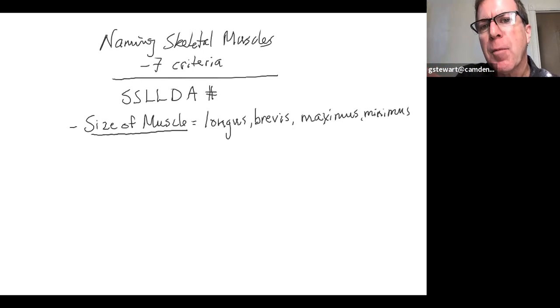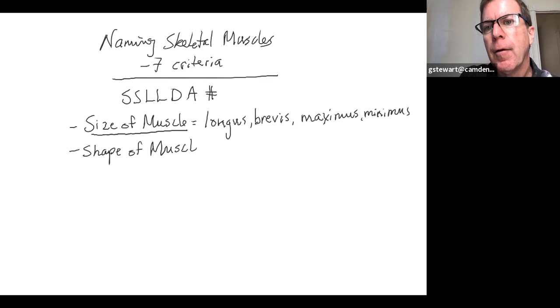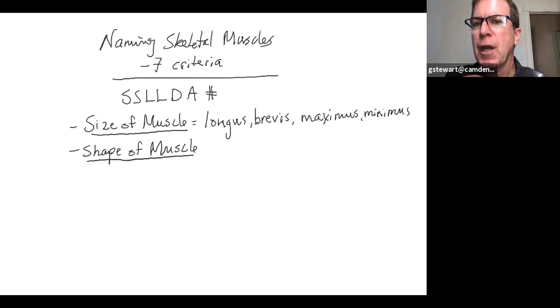The second capital S refers to the shape of the muscle. So some muscles in their name, there's a word that refers to its shape, or the name, if it's a singular word, the one word name refers to its shape. Classic examples of this would be things like the deltoid muscle.